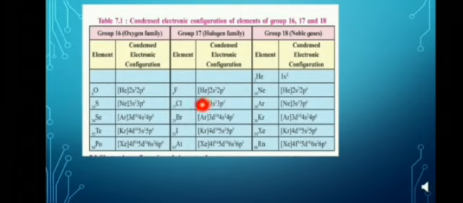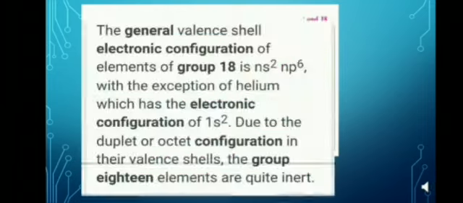Now, the group 18 elements are the noble gases. These noble gases have very stable electronic configurations. All the available orbitals present in them are completely filled. The electronic configuration of helium is 1s2, as you can see, while other noble gases have the electronic configuration of the type ns2 np6.